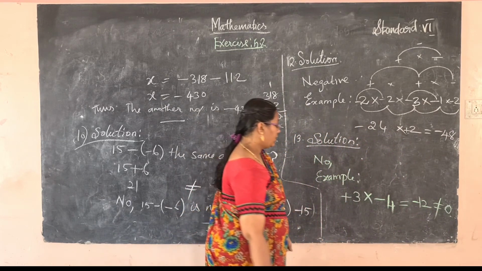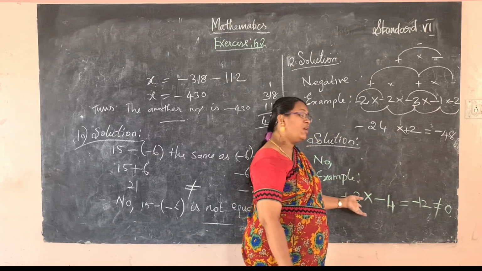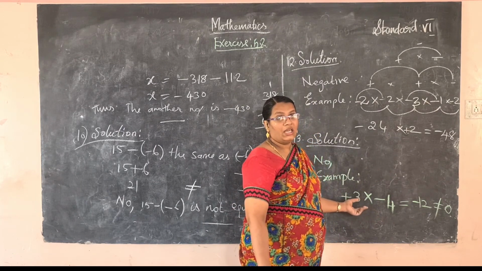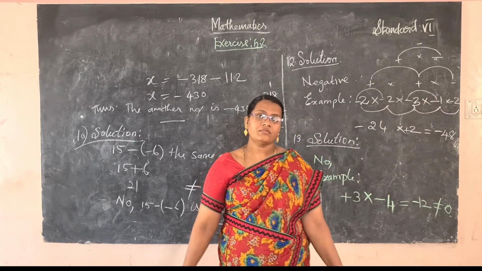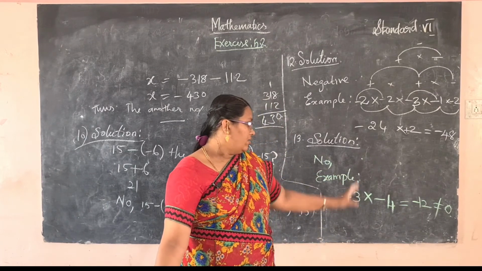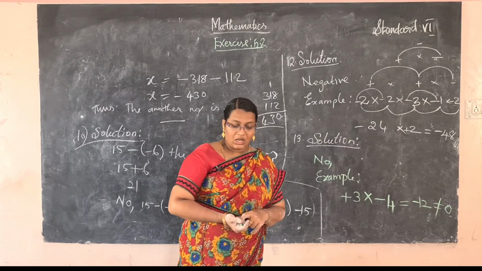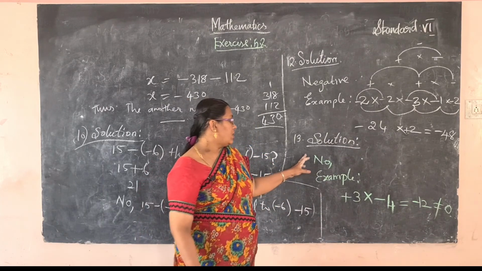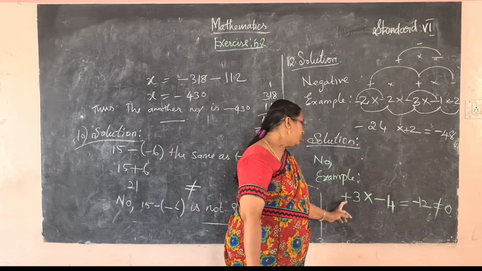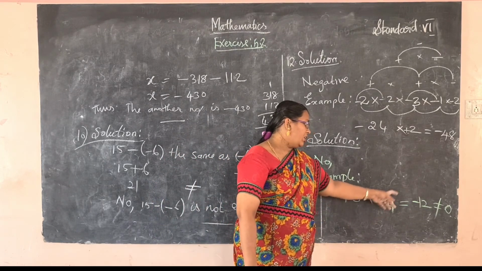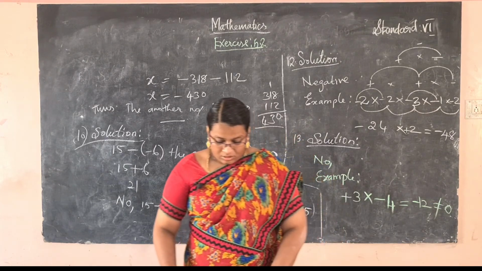Okay, when the statement is possible, it is multiplied by 0. Multiplying any number by 0, we get the value 0. Then only the given statement is true. Otherwise it is not possible. So answer is no. The product of a positive number and a negative number gives a negative answer only. Okay, homework.